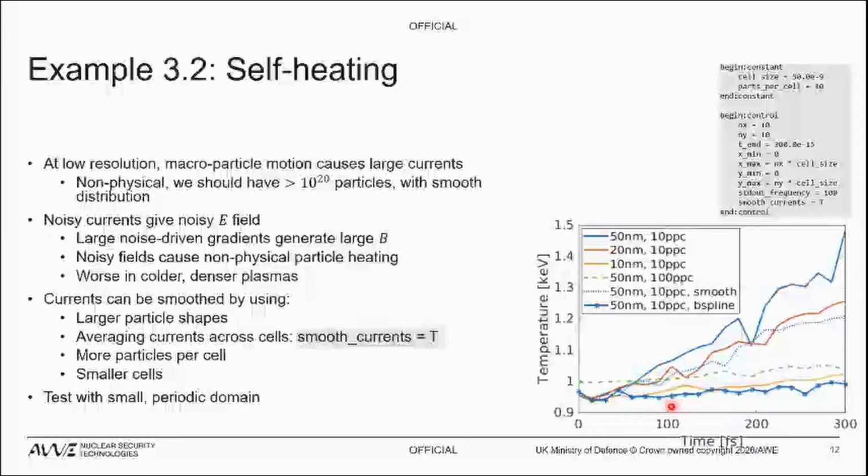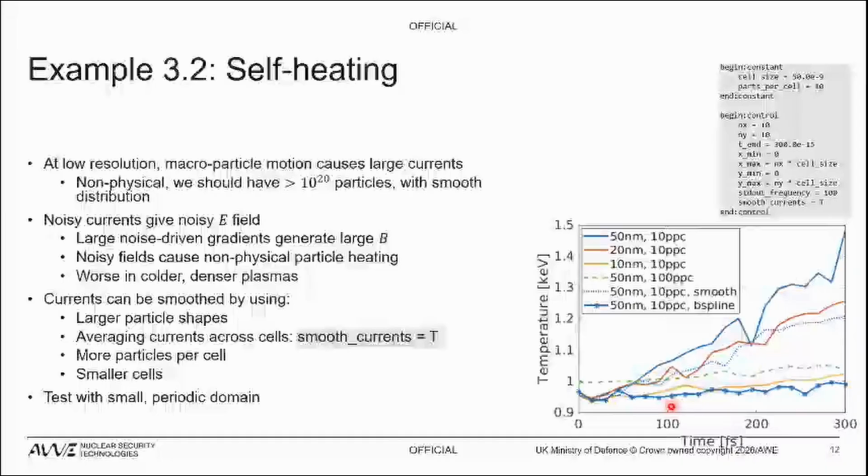But suppose we're interested in hot electron generation, where the hot electrons have energy on the order of a few MeV, 10 MeV. Do we care if our background plasma has risen in temperature from 1 keV to 1.1 keV if the only diagnostic we're interested in is the 10 MeV electrons?